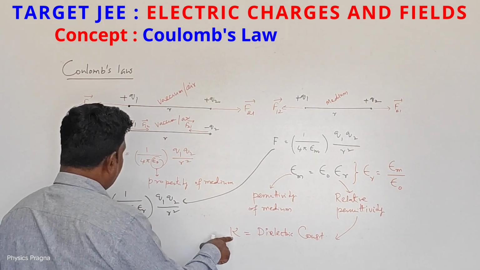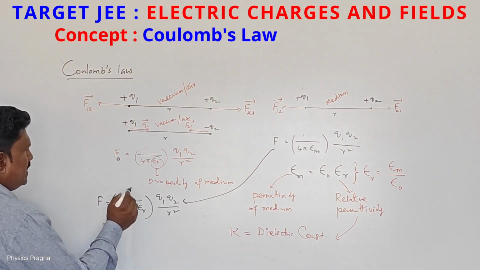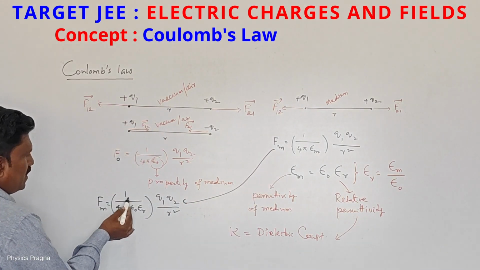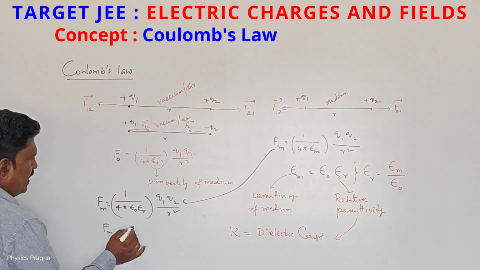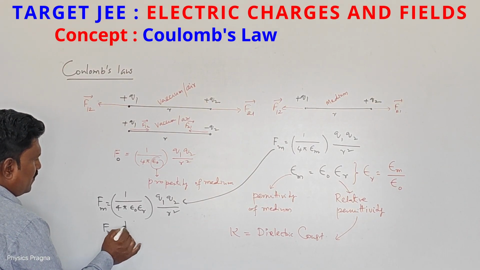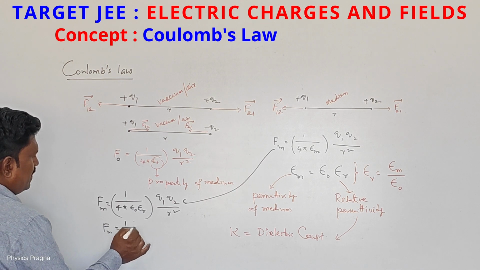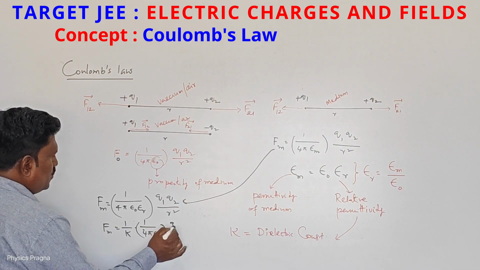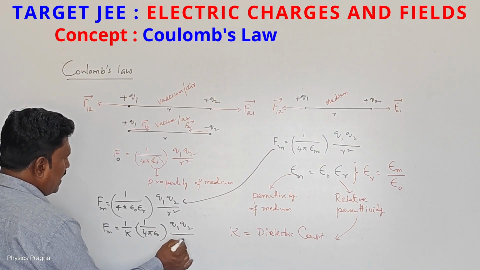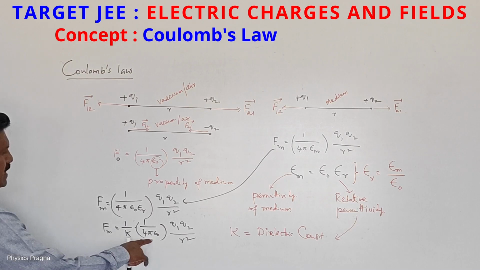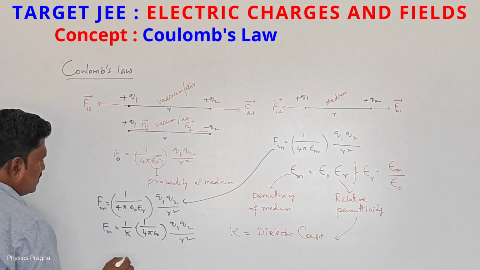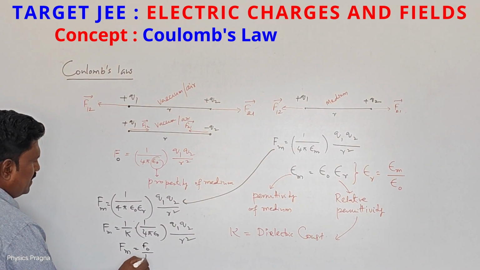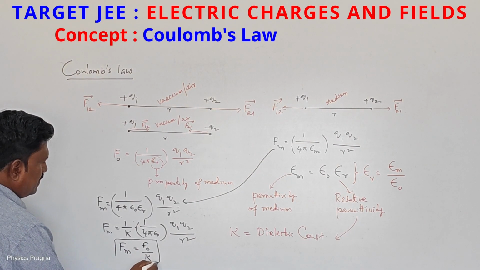This epsilon r can also be written as K. So this is the medium force, the force when a medium is present. Epsilon r is called K, the dielectric constant. So I can write 1 by K into 1 by 4 pi epsilon naught q1 q2 by r square. So this is F naught. So I can also write Fm is equal to F naught by K.